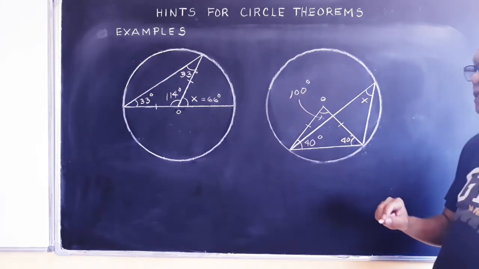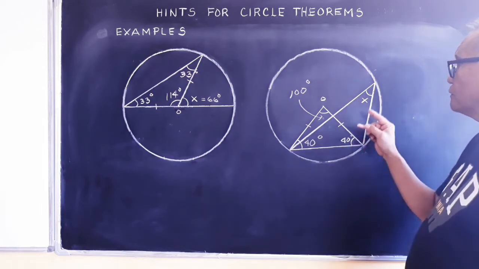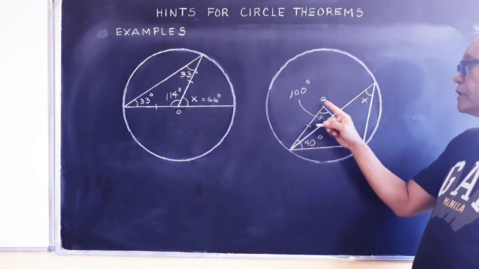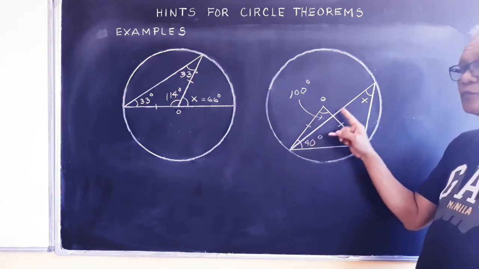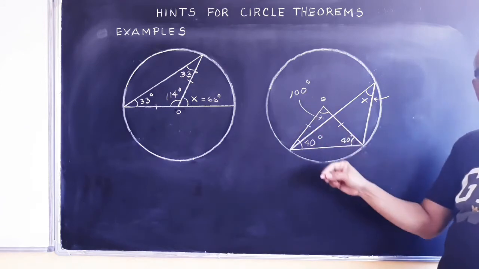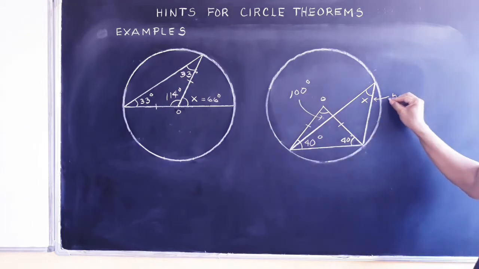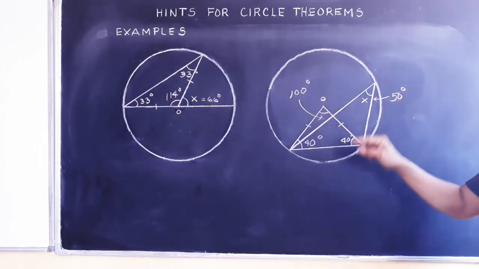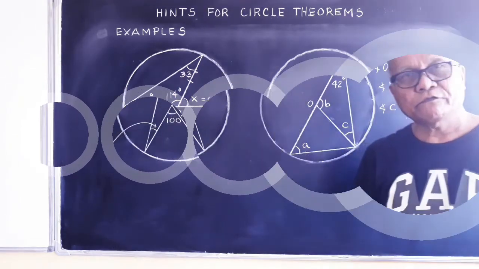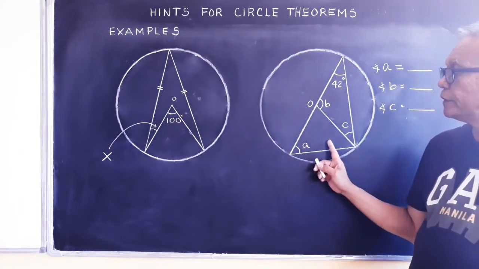Now we can use our theorem of the subtended angle and the central angle. This one is 100 and the subtended angle is only 1/2 of the central angle, giving us 50 degrees for our subtended angle.